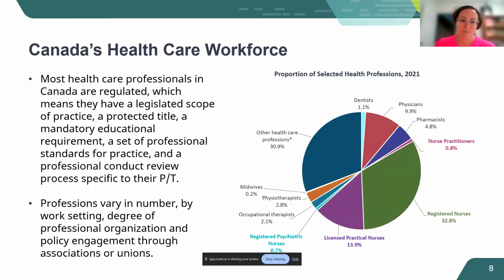Health professionals also have a protected title, a mandatory educational requirement, and professional standards for practice. And this is all done at the provincial and territorial level through various regulations and legislation.